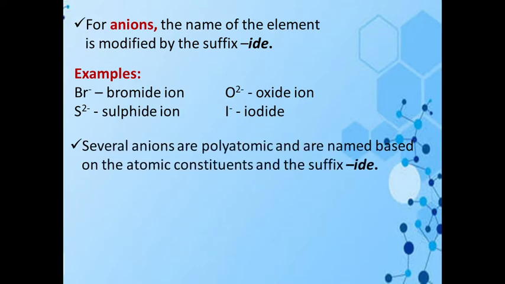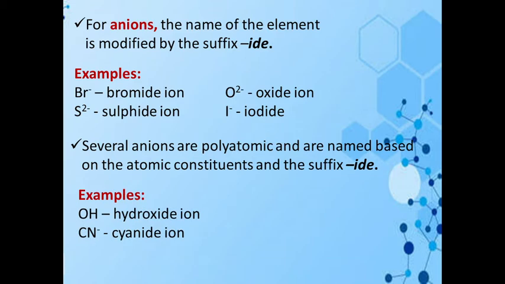Several anions are polyatomic and are named based on their atomic constituents and the suffix IDE. Examples are the hydroxide ion and cyanide ion. Always remember that a polyatomic ion's name doesn't change. It has a permanent formula, and polyatomic ions have their constituents.